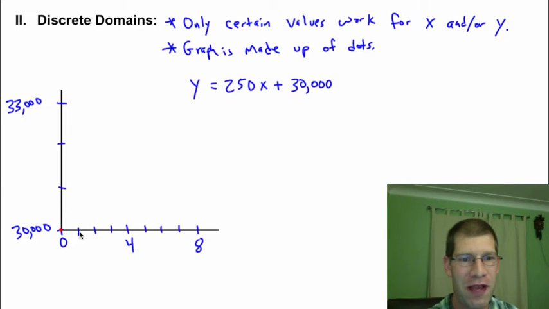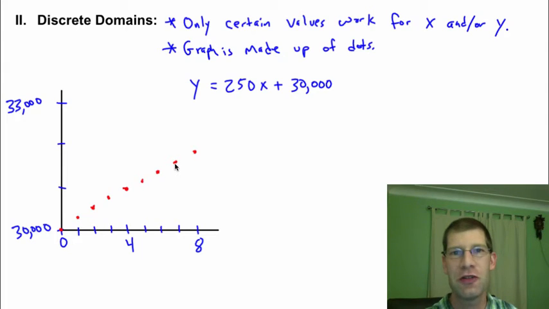Here we have 31,000, so 1 car adds 250, so it's a quarter of the way up to my next tick mark. 2 cars, she makes $500 more, so she'll be about halfway up. 3 cars would be 3/4 of the way up. 4 cars, she's at 31,000 now. And then you could add in a 5, a 6, a 7, and at 8, she's at 32,000.